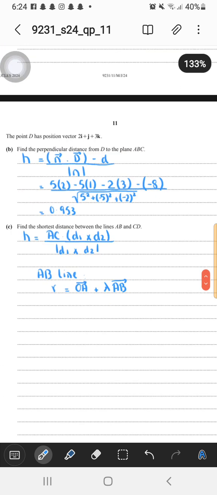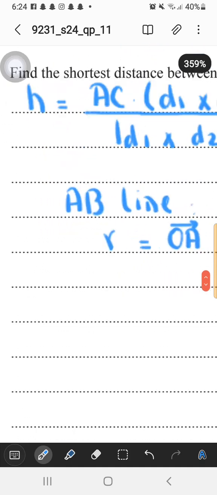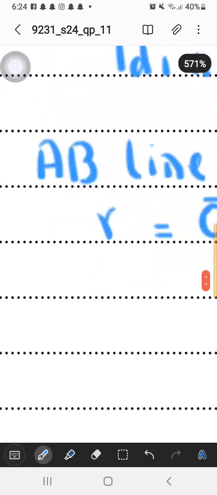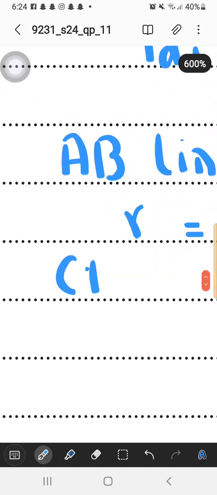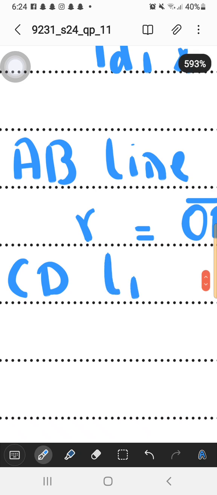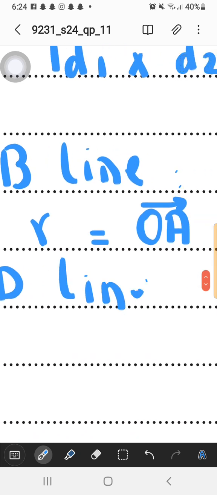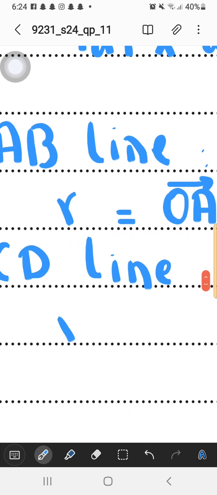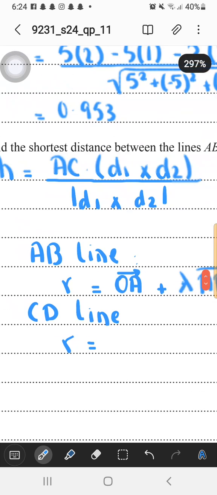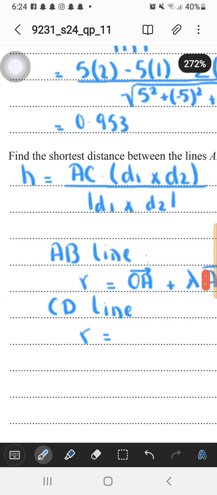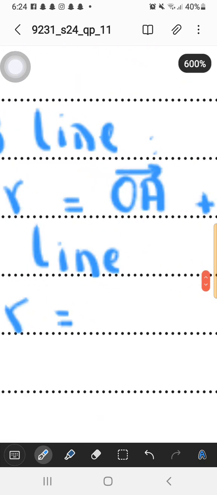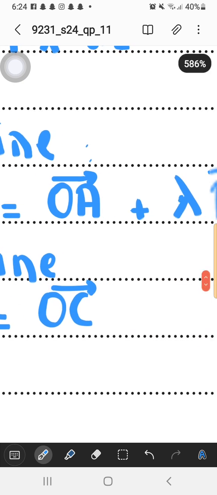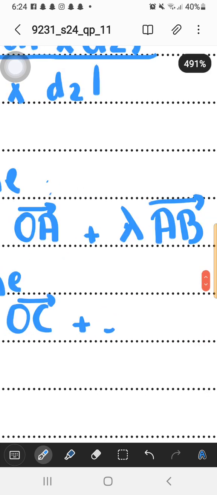Okay, and then to find the line CD equation, r is equal to a position vector, so it can be OC, it can be OD. We have an option here, plus mu.